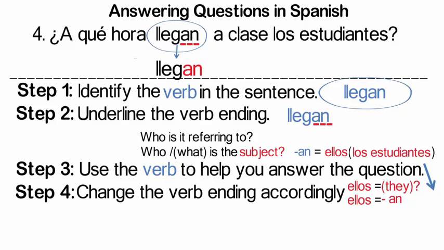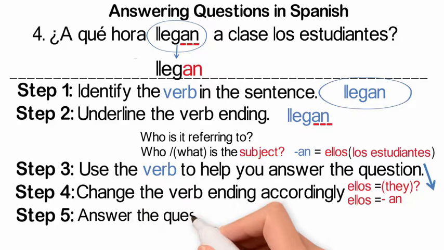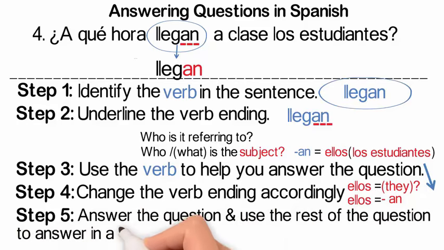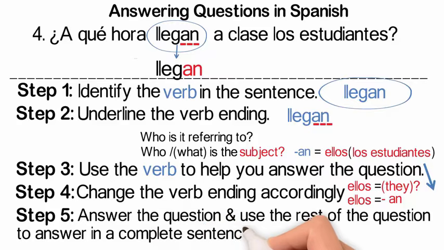Once again, now that you have the most important part of your answer down, your verb with the appropriate ending, you can now go to step 5, making sure that you answer the question. In this example, it's asking a qué hora, so it requires you to answer giving a certain time.